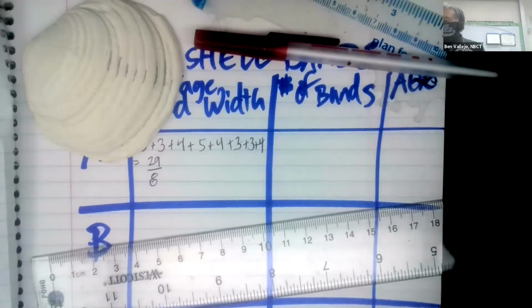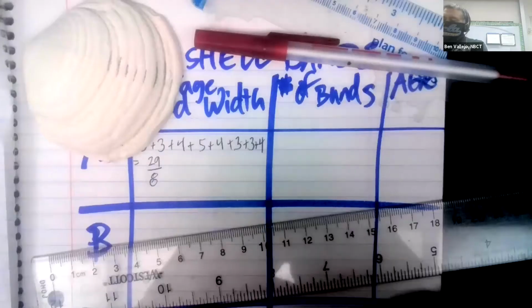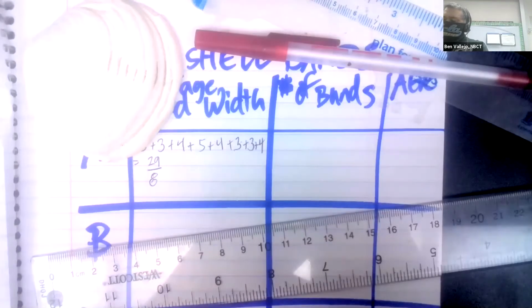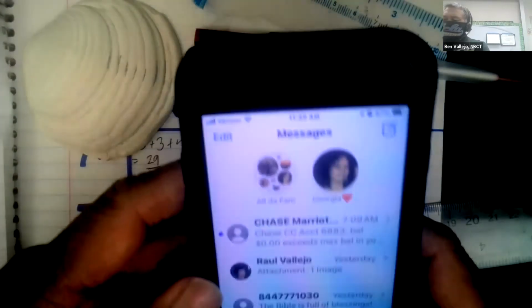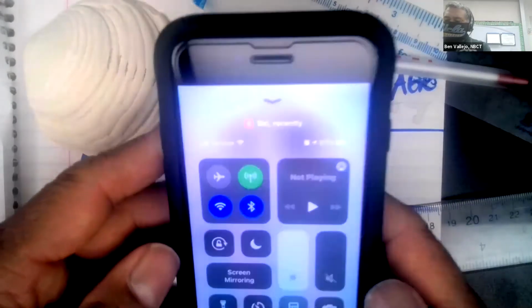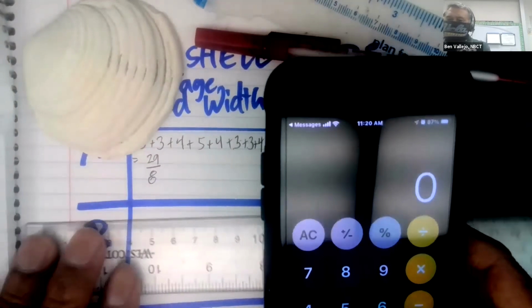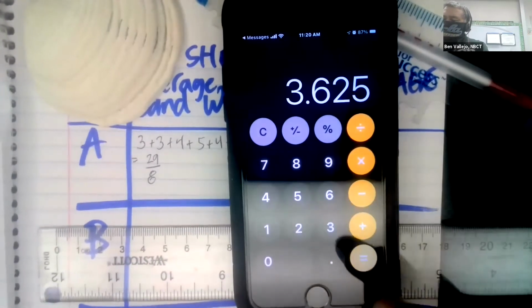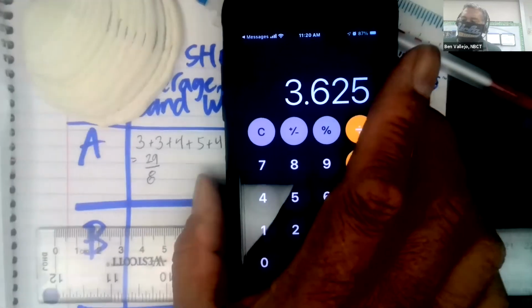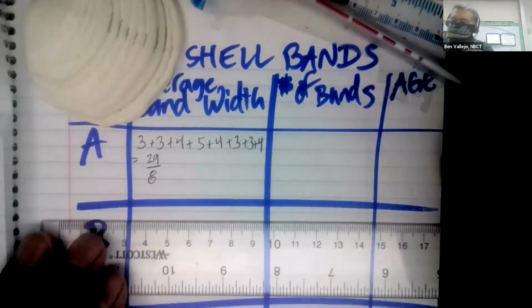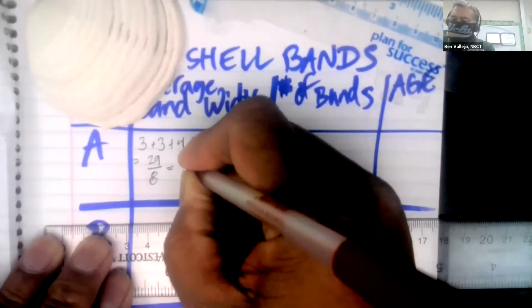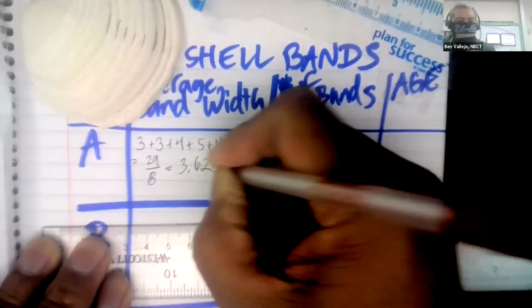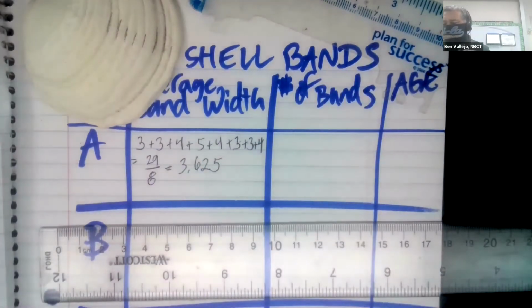I'm going to turn on the calculator. And there it is right there. All right, so 29 divided by 8 equals 3.625. So that's the average bandwidth for 8 bands.